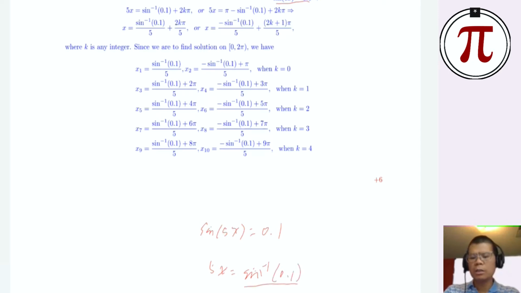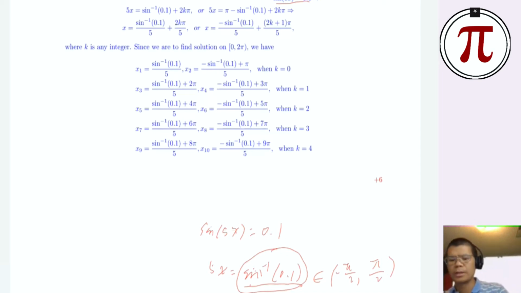This is the solution on the interval from negative pi over 2 to pi over 2. Actually, this one is going to be greater than 0 and less than pi over 2. So you can calculate this value. It belongs to the first quadrant.